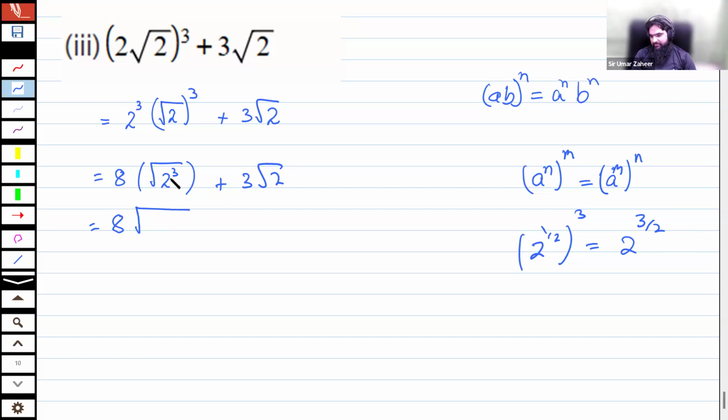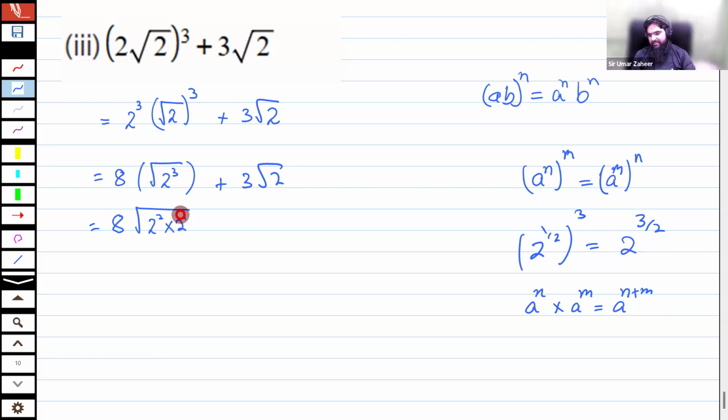Now, we have 2 raised to power 3. I can break it down into 2 square into 2 power 1, because we have done the rule that if you have a raised to power n into a raised to power m, bases are the same, they are multiplying, so we add the powers. In the same way, I'm going to split the powers. We have total power 3, so we split it into 2 raised to power 2 and 2 raised to power 1.